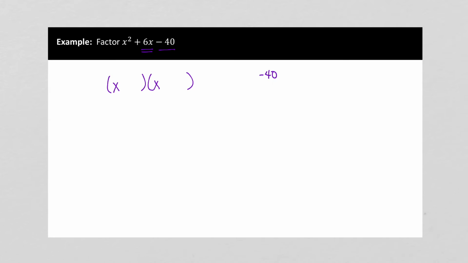Well, 4 and 10 will give us 40. We need one of those to be negative to get negative 40. If we want a positive 6, then we want the bigger number to be positive. We want the 10 to be positive. So 10 minus 4 would give us positive 6. So negative 4 and positive 10 go in here. We're done.